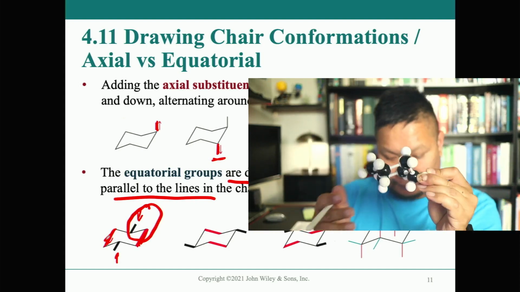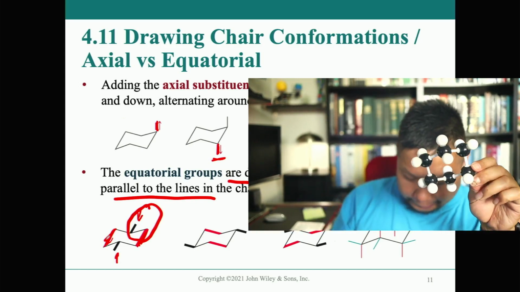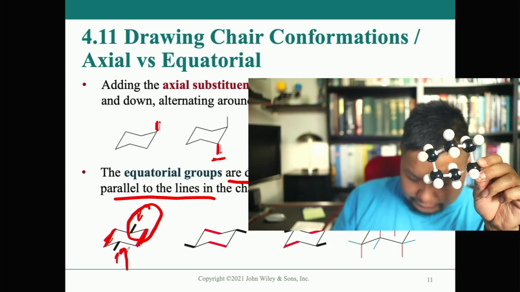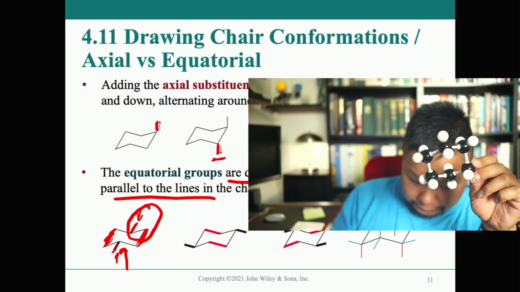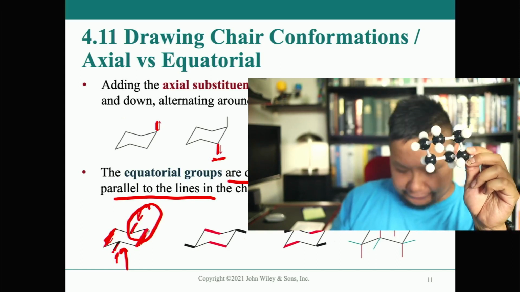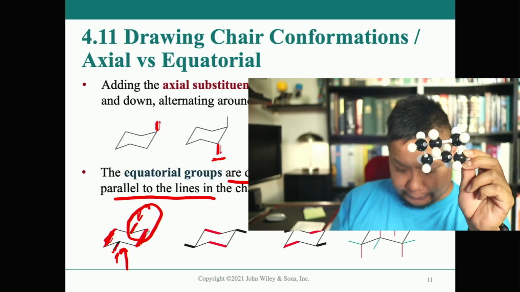So all you really need to know if you're drawing equatorial hydrogens on the chair conformation is to make them point up and down, or down and up like this, parallel to the bonds on either side of them. Not the bonds directly connected to them, but their neighboring bonds.